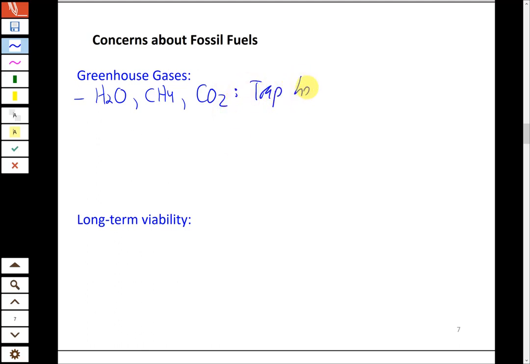And they basically trap heat, which leads to the concern that they would keep the Earth's surface warm, sort of disrupting the natural temperature regulation that the Earth has.